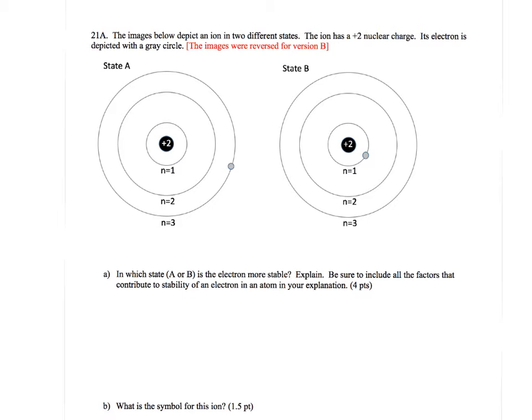And most people were able to say for this version, state B is more stable. And the question is why? And what a lot of people said is B is more stable because the electron is closer to the nucleus.